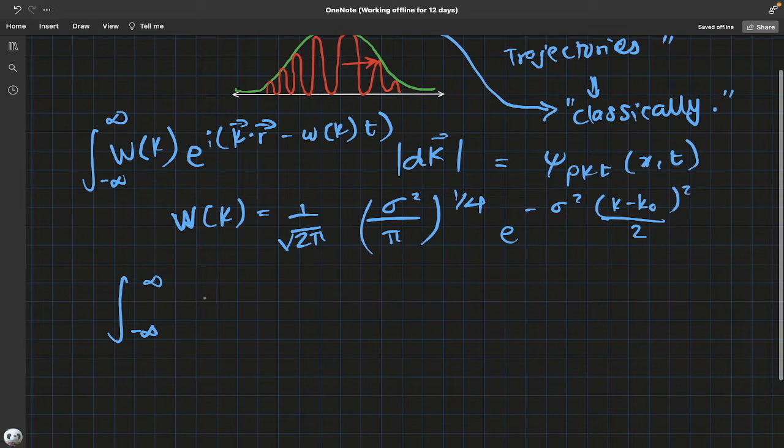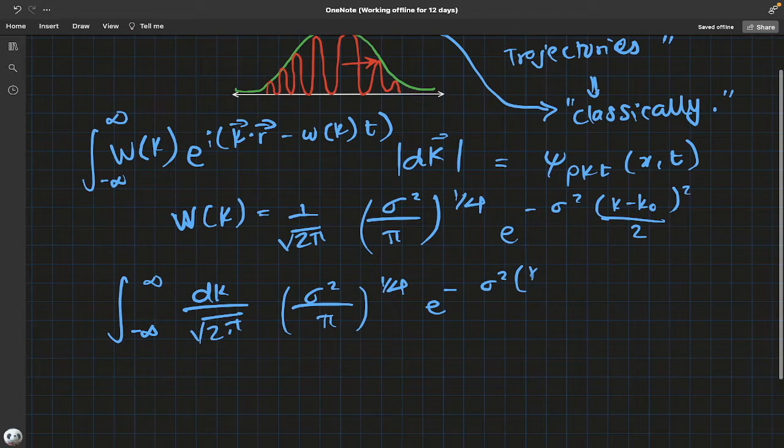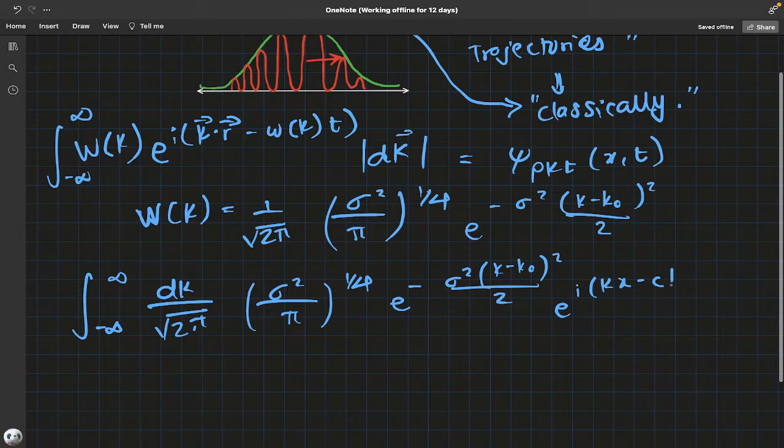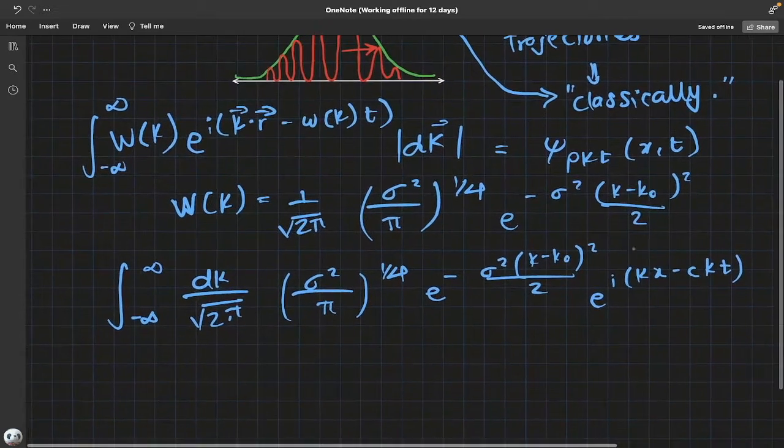Integral from minus infinity to infinity dk. We're working in one dimension, so just forget the other bits. Sigma squared over pi to the 1/4, e to the negative sigma squared (k minus k naught) squared over 2, times e to the i(kx minus omega t), where omega is ck for vacuum.